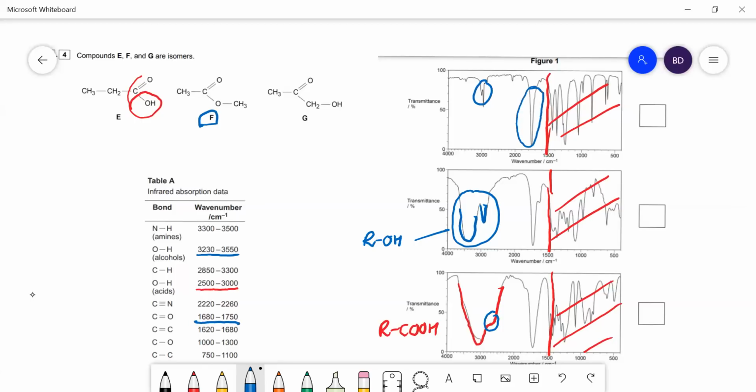The ester has it, the carboxylic acid also has that carbonyl, and this alcohol G also has the carbonyl. So it's not very helpful in determining those spectra because they've all got the C double bond O in them. So just to reiterate, that one is the carboxylic acid, which is E. This one is the alcohol, which is G, and this one is the ester, which is F.